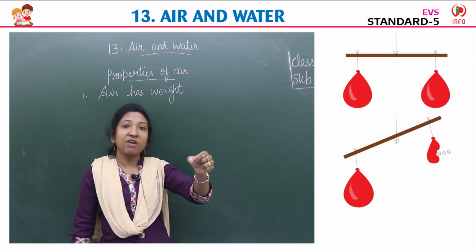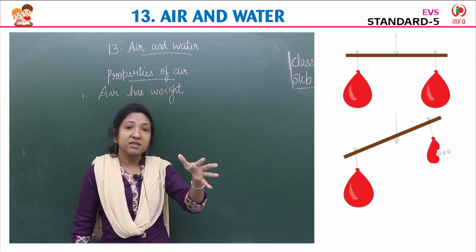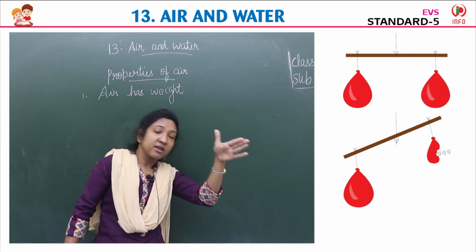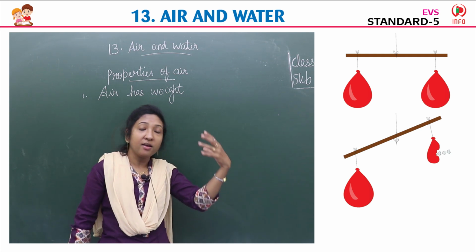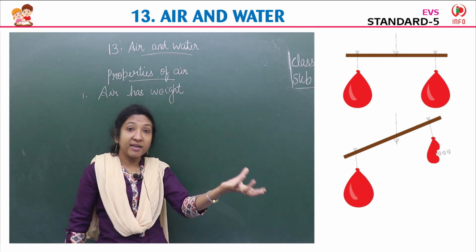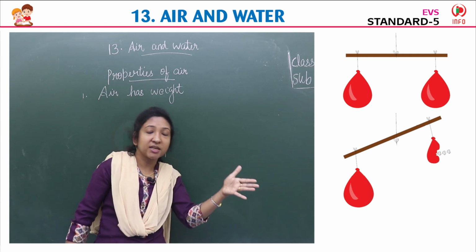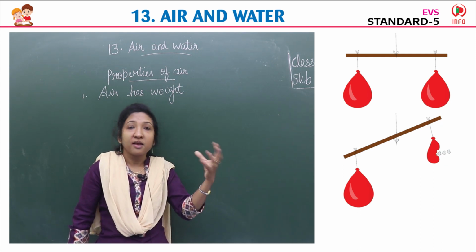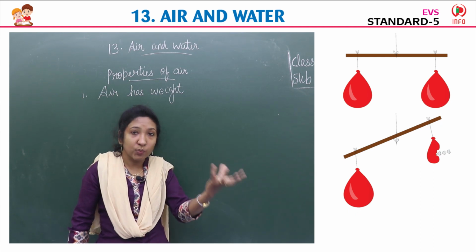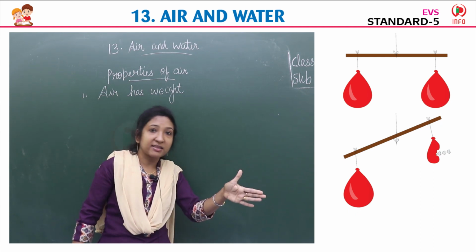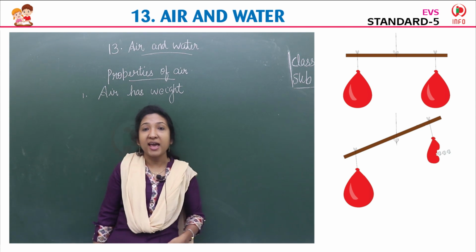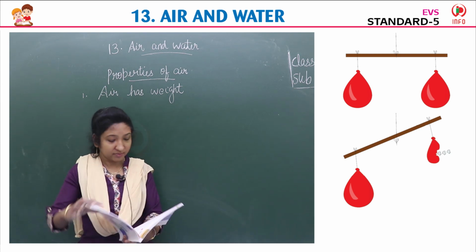Now when we prick any one of the balloons, what happens? The stick tilts, or it goes down to the side where the filled balloon is, the inflated balloon side, because it is filled with air, so it has weight. That's why it is tilting to that side. This proves that air has weight. Okay.